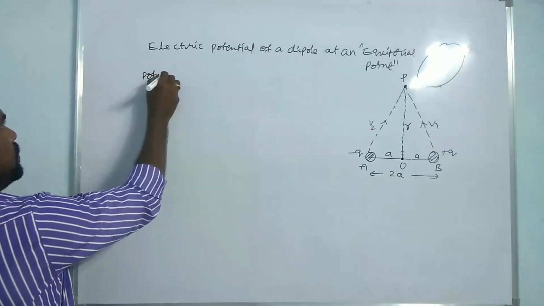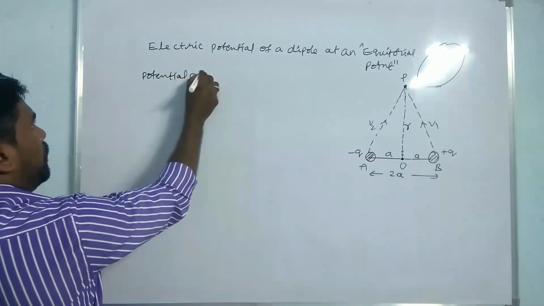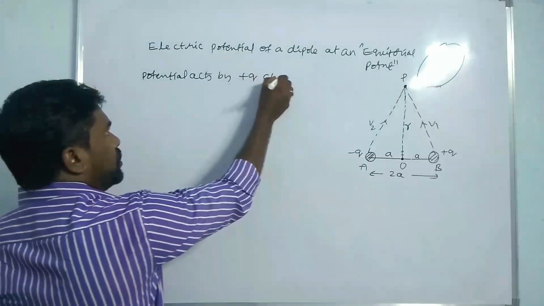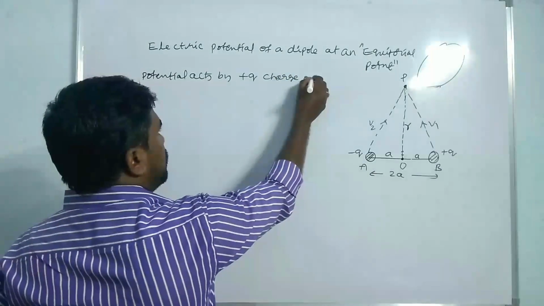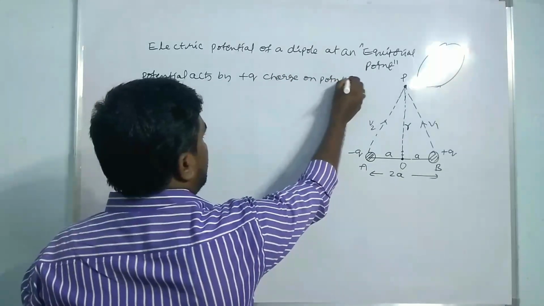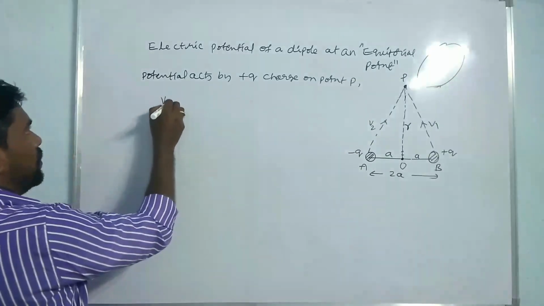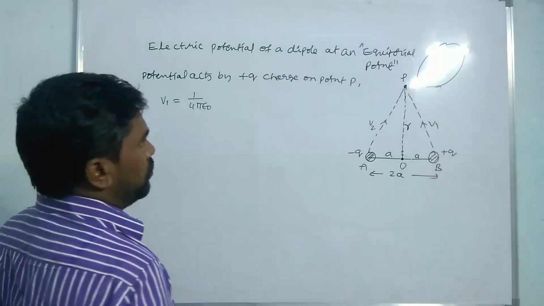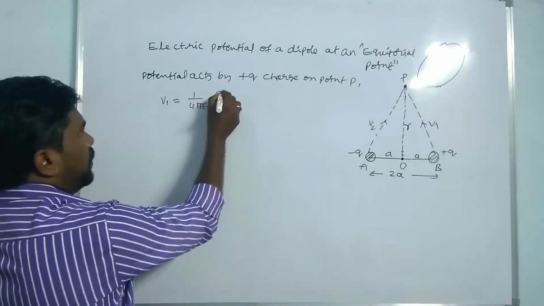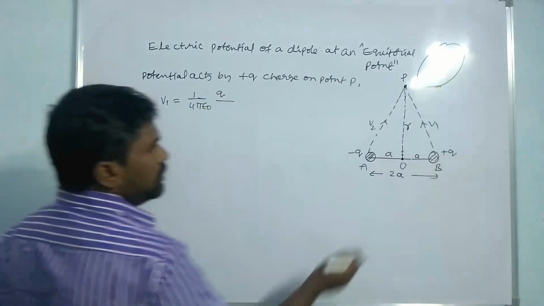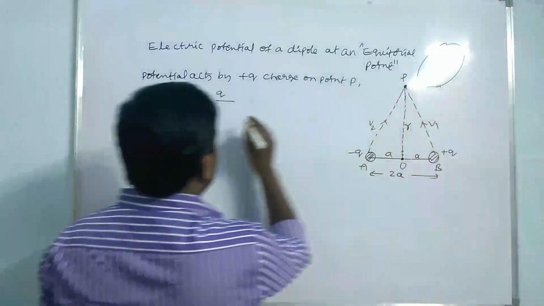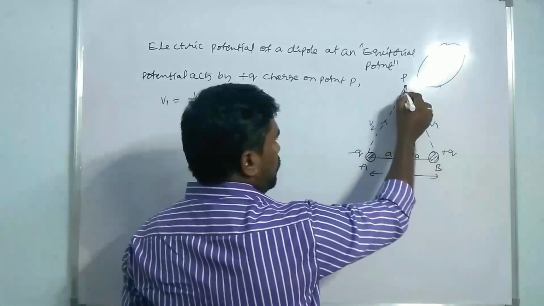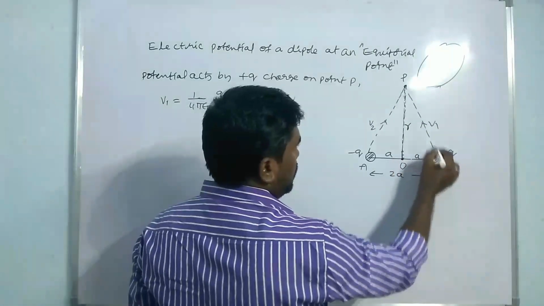The potential acting by the positive charge on point P. V1 is equal to 1 by 4 pi epsilon naught, q by the distance from the positive charge, which is BP. So from this triangle, we have to measure the BP value.